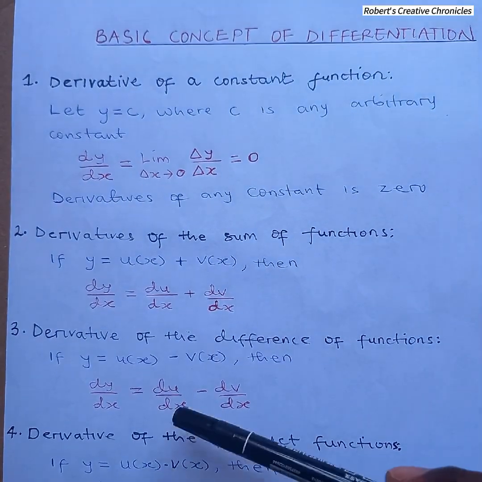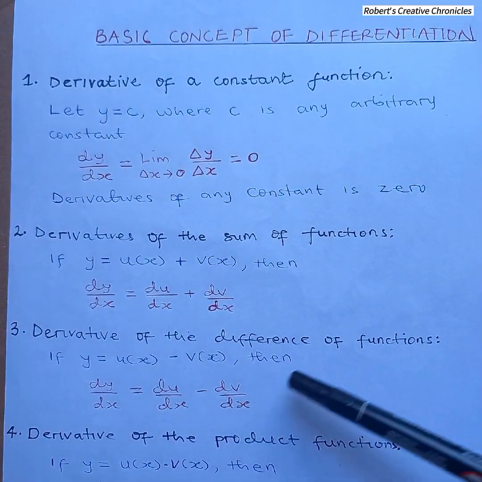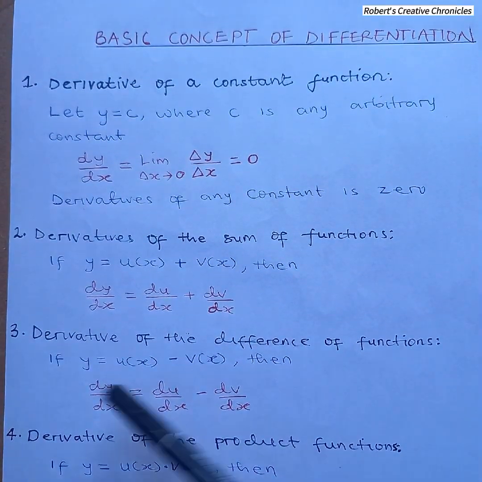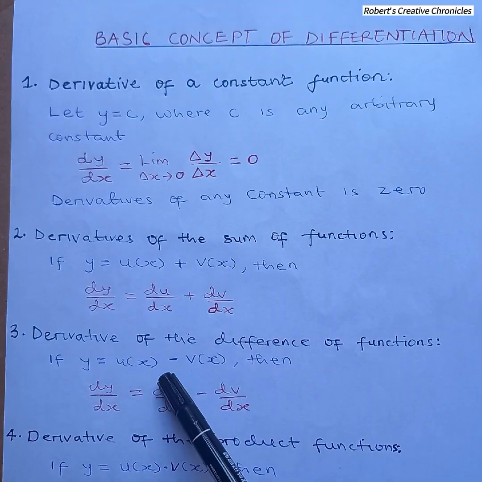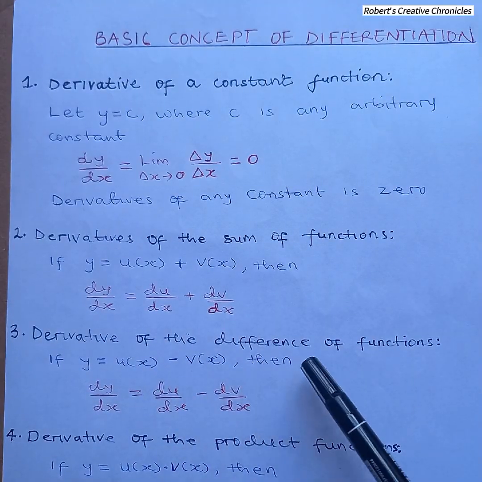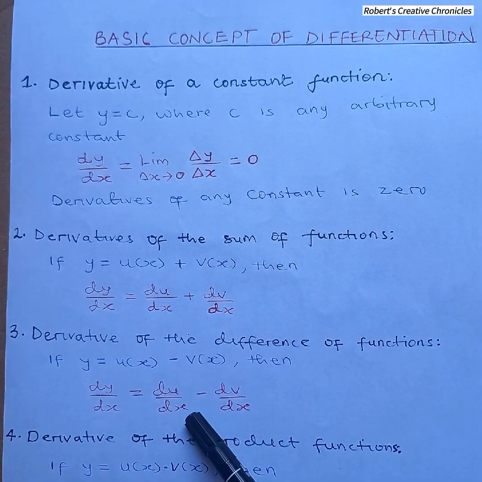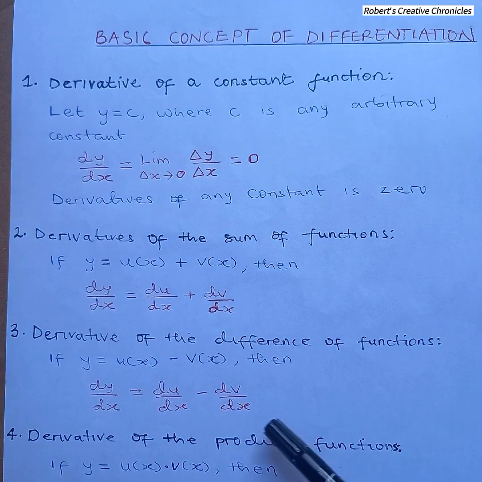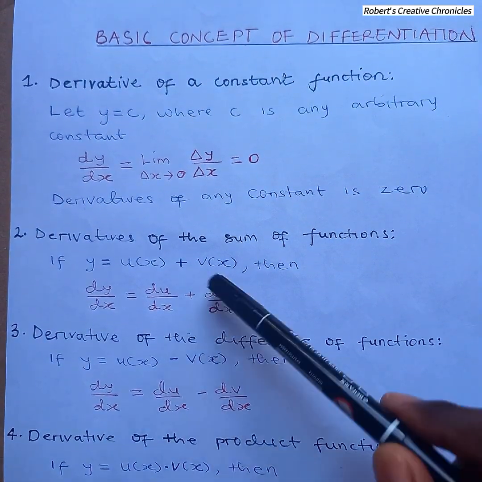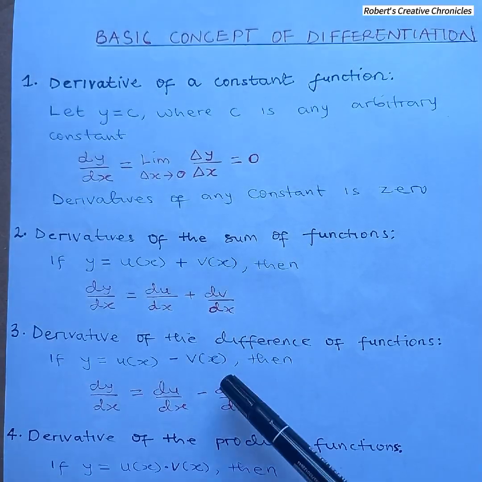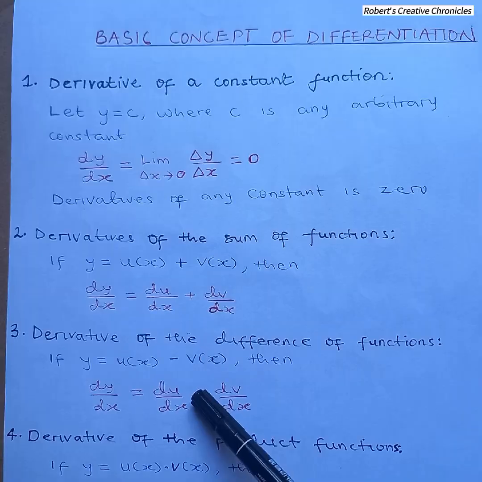Then the third concept, the derivative of the difference of functions. If y equals u of x minus v of x, then dy over dx equals du over dx minus dv over dx. It's the same thing with this one, but the only difference between them is you change the sign.